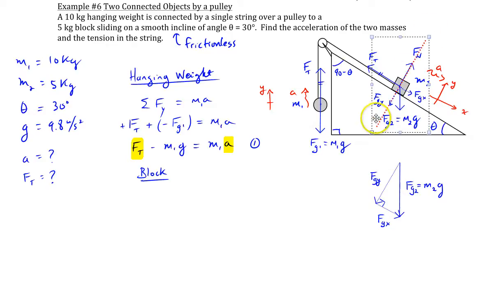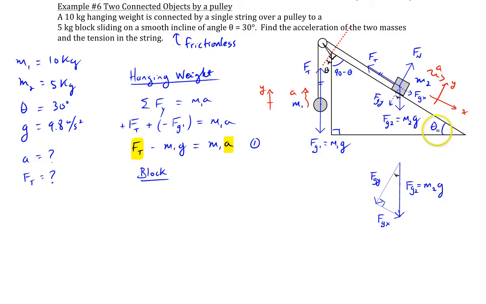Now, if I were to draw a parallel line along our y-axis and just shift it over here to the top of our triangle right here, hopefully you'll see that this angle right in here is the same as this angle in here, which is also the same as this angle right over here. And you know that this dashed line in red that I've drawn is parallel to the y-axis, and that is perpendicular to the plane. And if this is 90 minus theta, that means this must be theta.